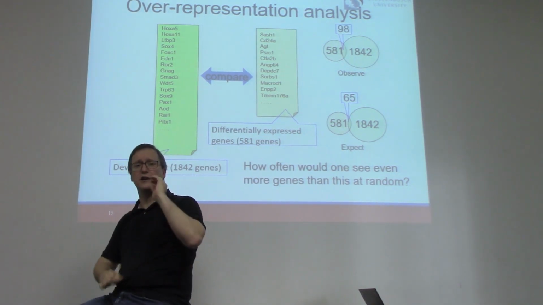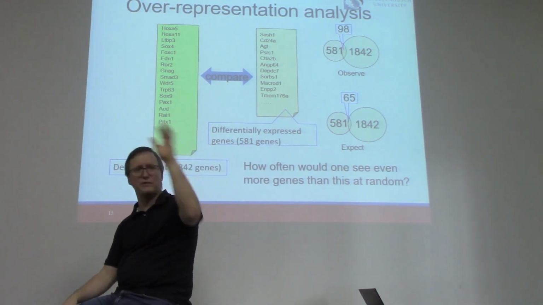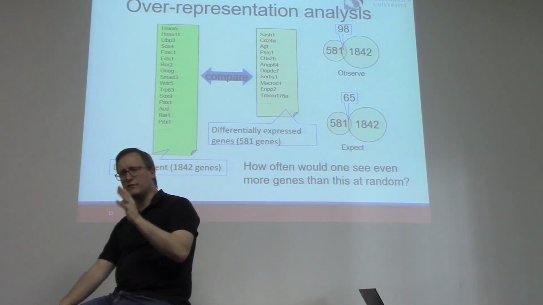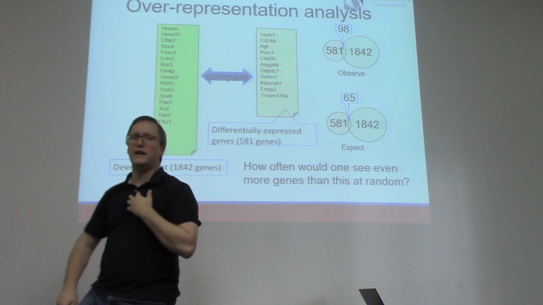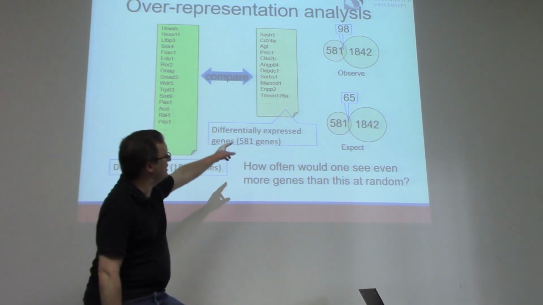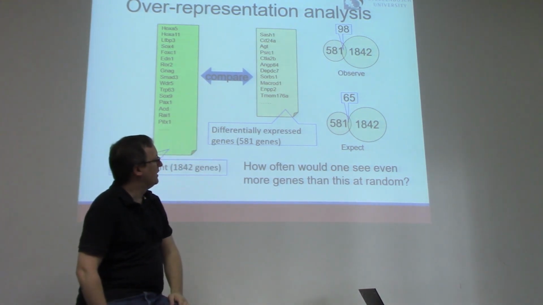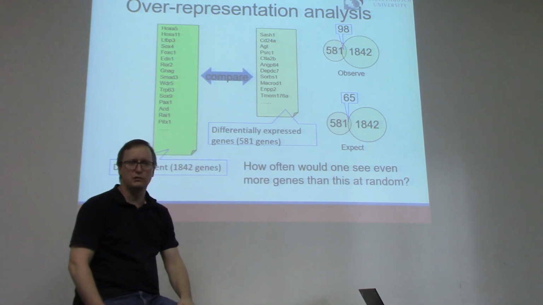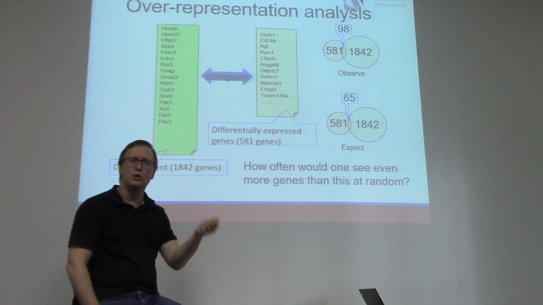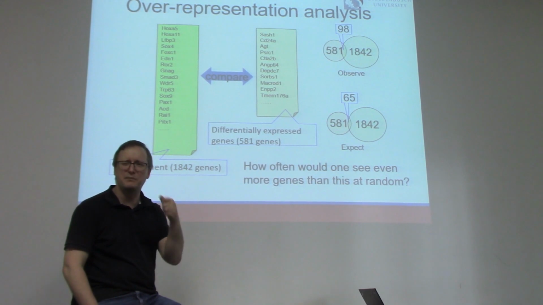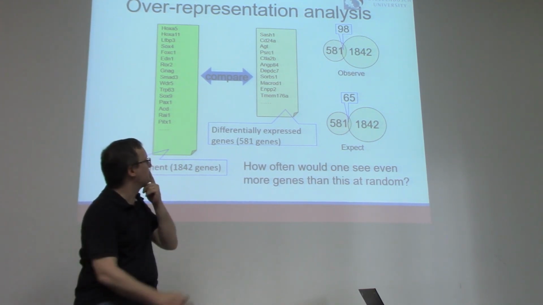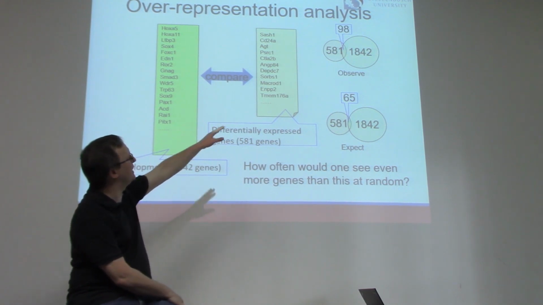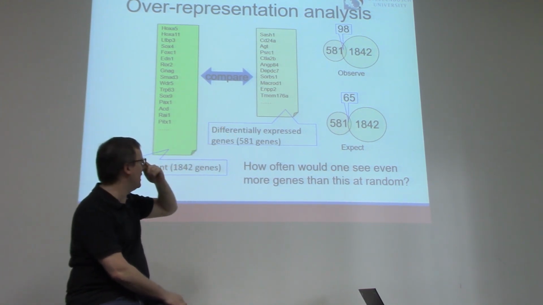1,842 genes that are known from all of the experiments that we've done in the past that are part of Gene Ontology's development category. So if we have this list of genes that we've detected as differential, how can we tell whether there are more or fewer than we would have expected by random chance in development? That's a little tougher. So I want to point out that there are lots of ways that these can intersect.